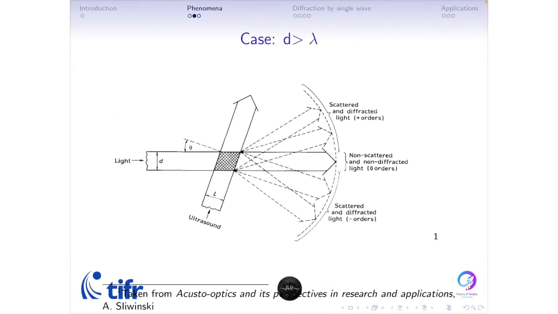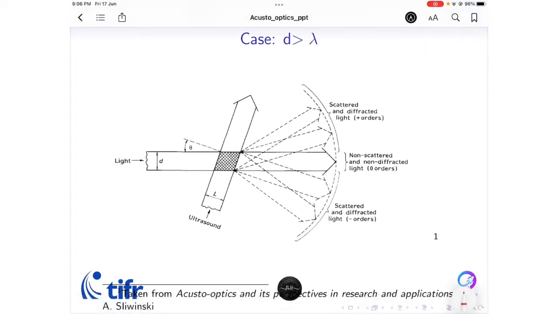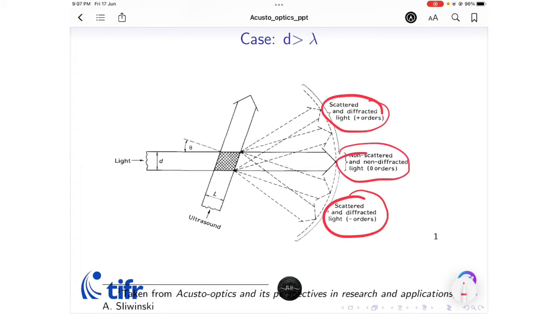That is the case shown here. Both of these regions are scattered or diffracted light. It will give the orders, and this is the portion where light does not get scattered or diffracted. So by this we can select the portion of the light we like.